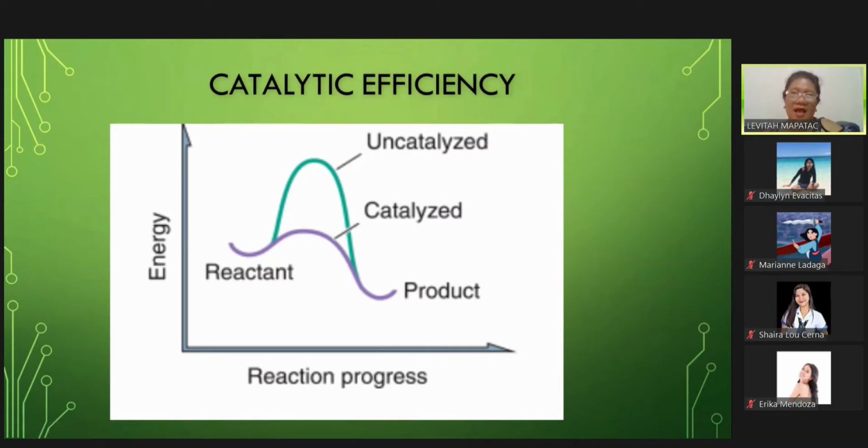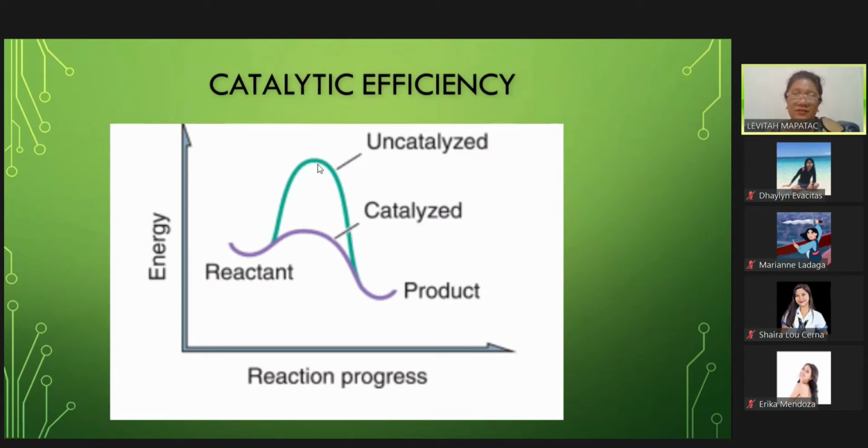For the uncatalyzed and the catalyzed reactions, the energy of activation of the uncatalyzed one is very high, while the catalyzed one has a very low energy of activation. That's the function of the catalyst, the enzyme. This will lower the energy of activation, and this will hasten up the reaction.